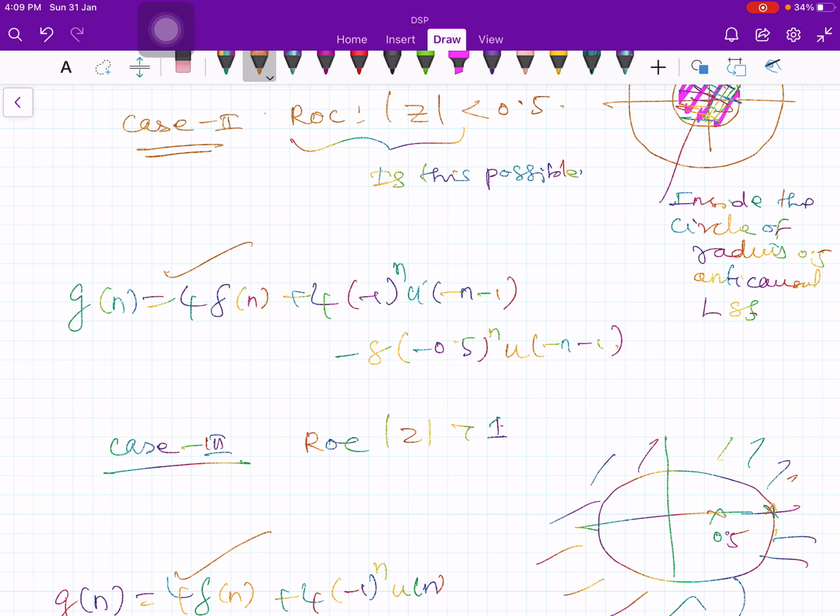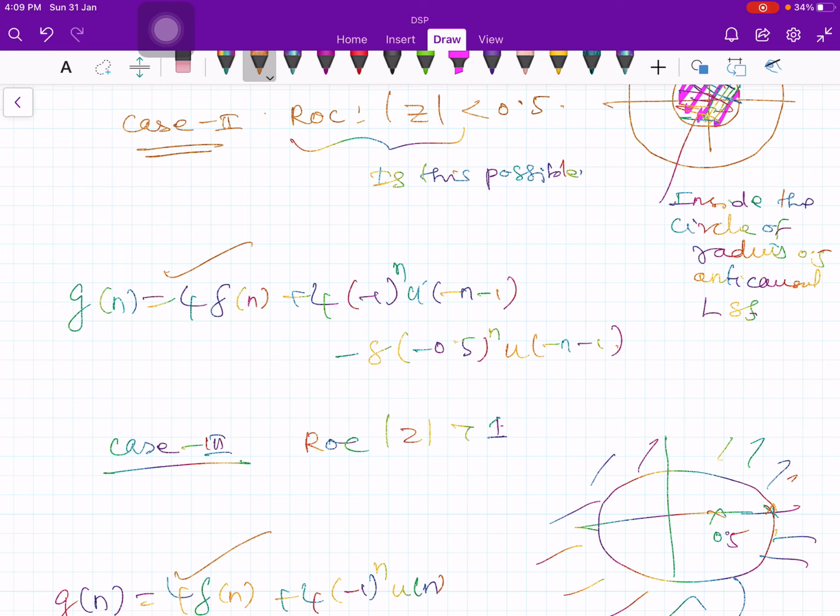So this example illustrates the importance of the ROC in specifying a Z transform. If you don't specify the ROC, then you cannot find a unique Z transform, or a unique inverse Z transform.